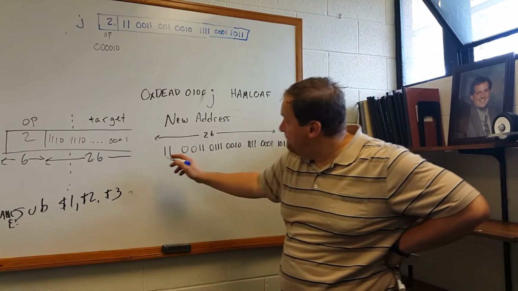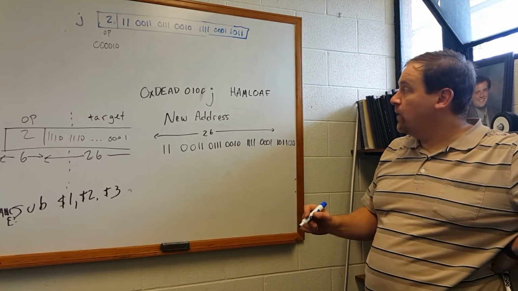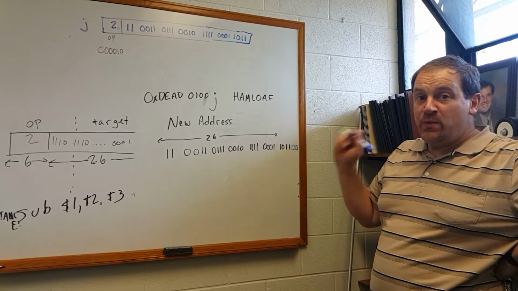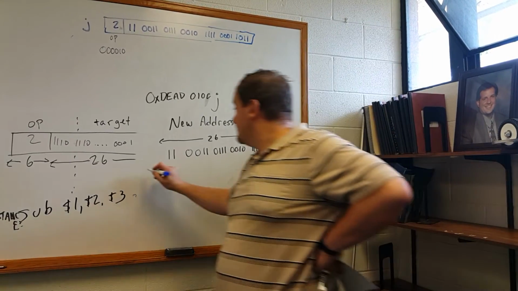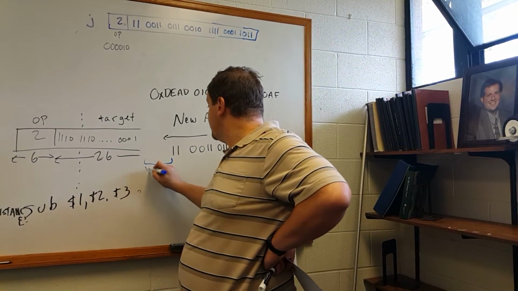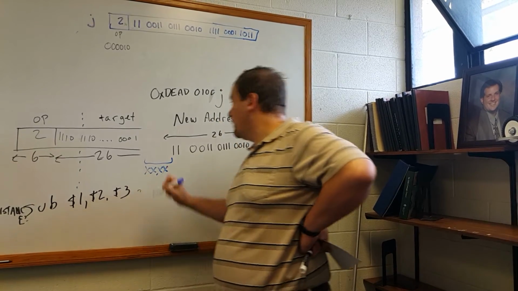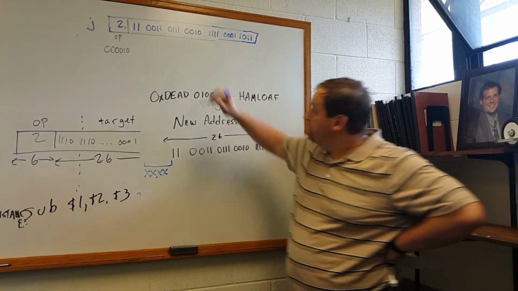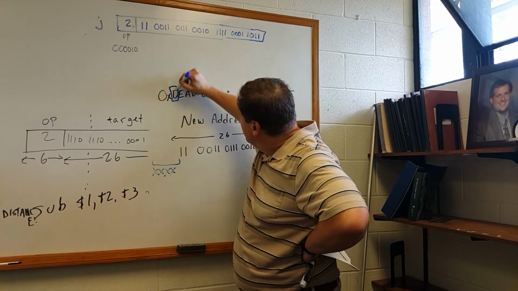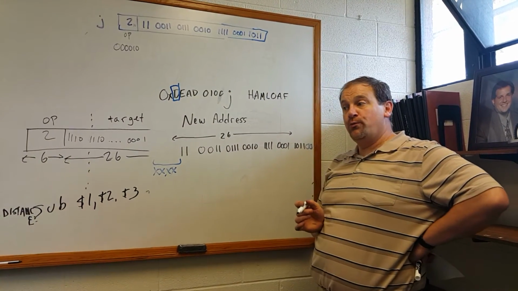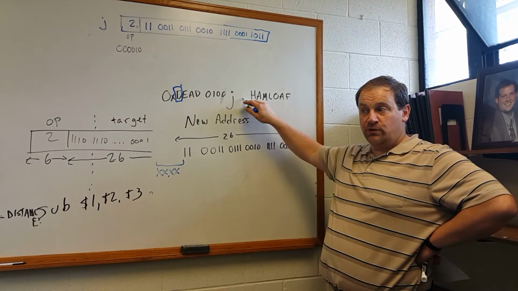So this is the absolute address of where we go. Where do we get the first 4 bits? I am missing 4 bits, and I need to get 4 bits. Well, it comes from where you're presently at from the jump instruction.